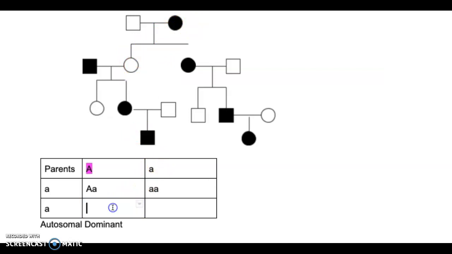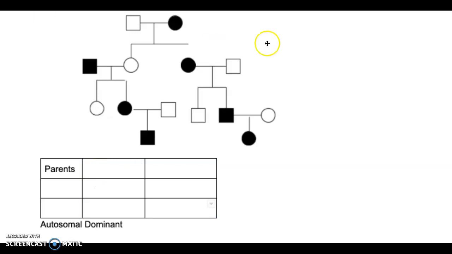Okay. 50% chance of having infected offspring and non-infected offspring. Done. All right, it works out there. We'd have the same case here. It works out there. We'd have the same case here. It works out there. So it is autosomal dominant.